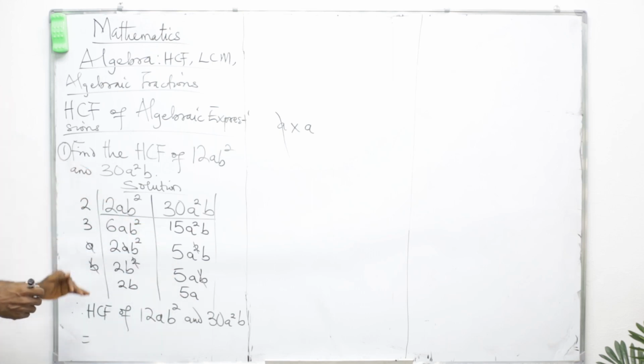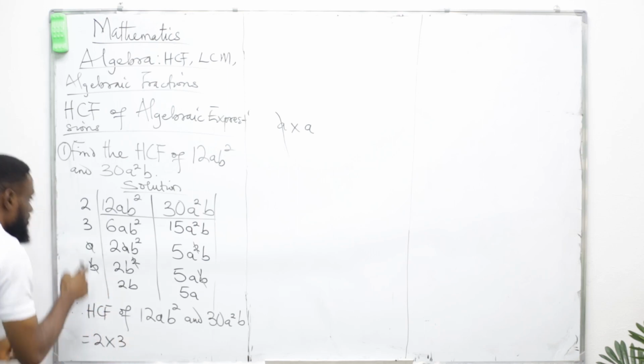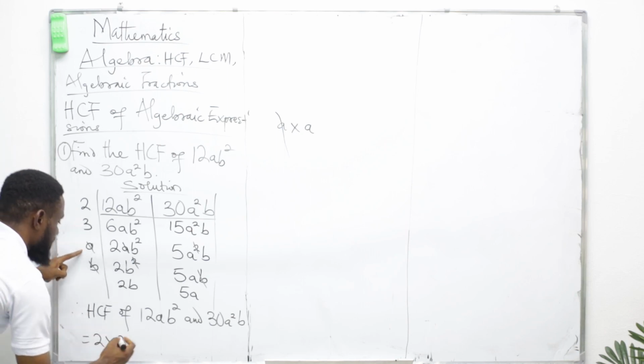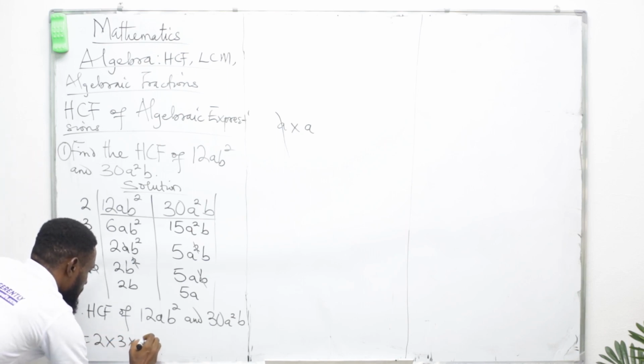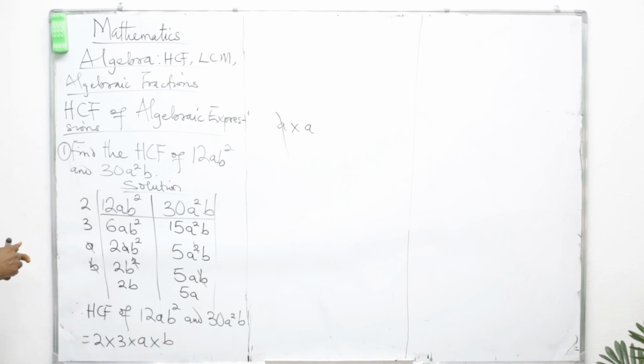All these factors will be multiplied. The answer of that multiplication, that is their product, is the highest common factor. So this is 2 times 3 times a times b. Do you understand that now?